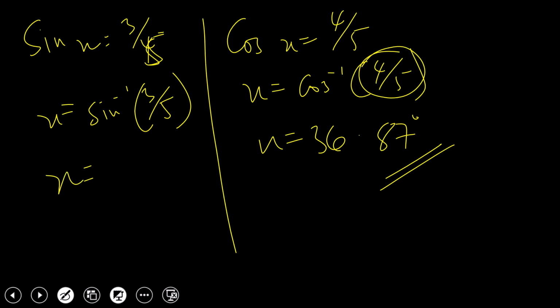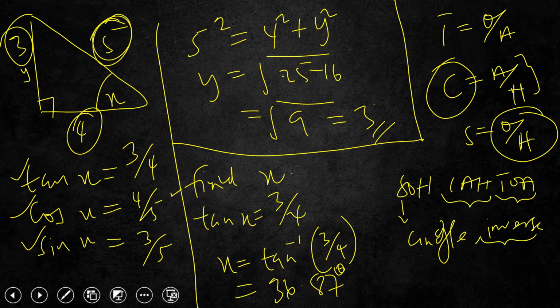When you do the sine inverse, you get 36.87 degrees. So whether you use the sine, the cos, or the tan, you still end up with the same answer. But in this particular case, I am going to stick more to the tan. That is what we are going to use more often with the mechanics. So you have 36.87 degrees.